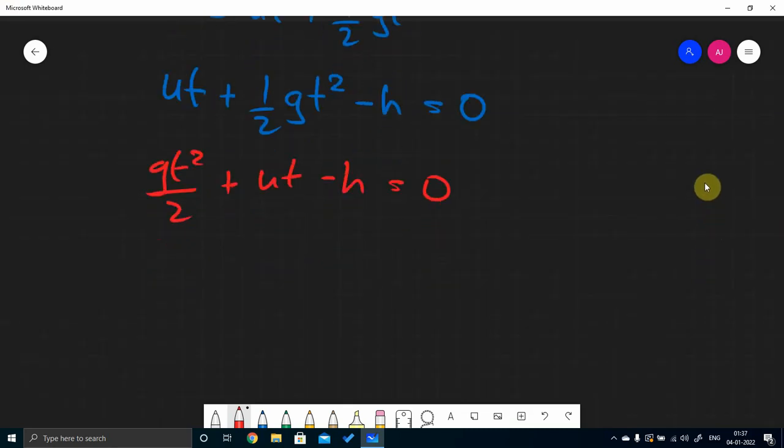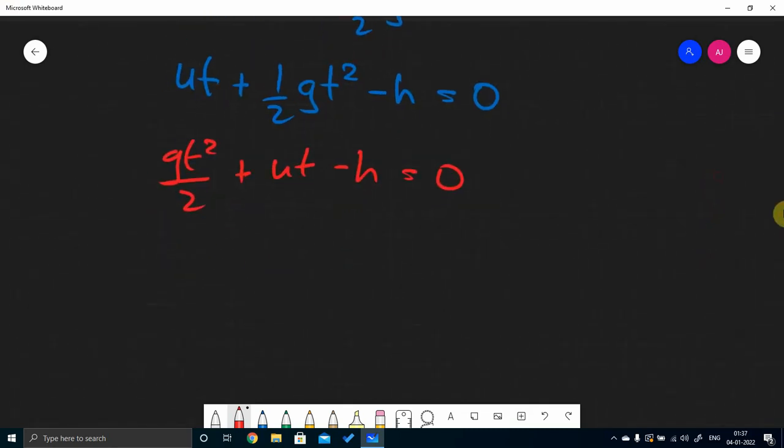Then we're going to divide by g by 2, or basically just multiply every single term by 2 by g. Multiplying by 2 by g is the same thing as dividing by g by 2. Hopefully you guys know that.